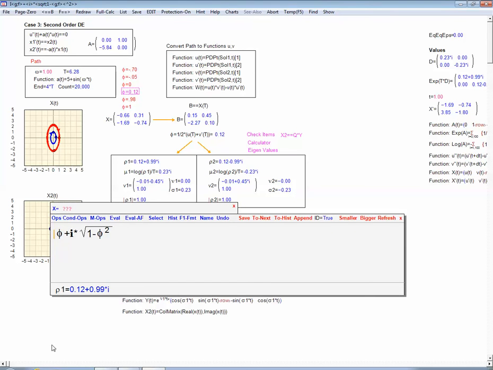Now I'm going to take the modulus, or absolute value, of this thing, and in fact I'm going to square it. And since it has a real and imaginary part, I can get the square of the modulus by just taking the two pieces and squaring them. And now if I square the second one, it's inside the square root, so it's going to be just 1 minus phi squared in parentheses.